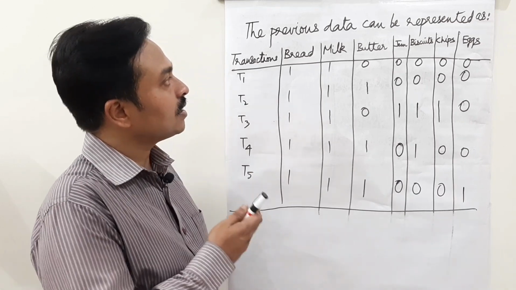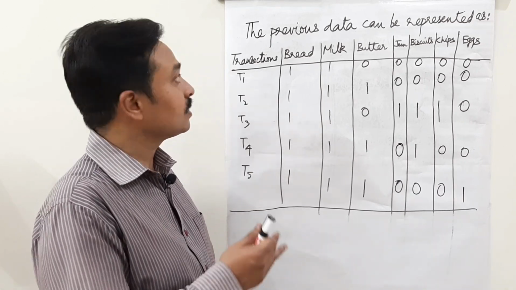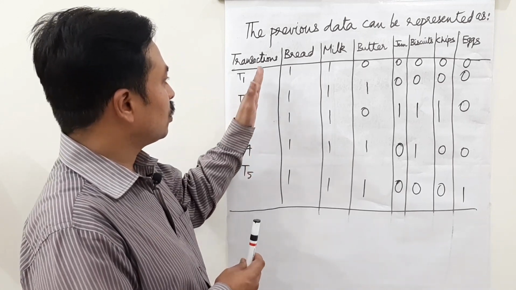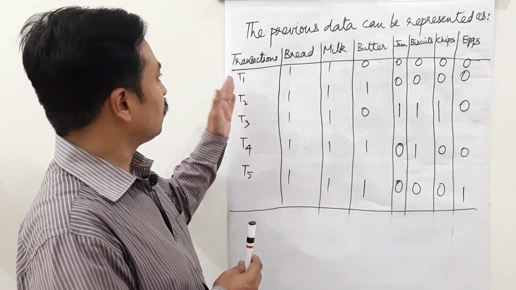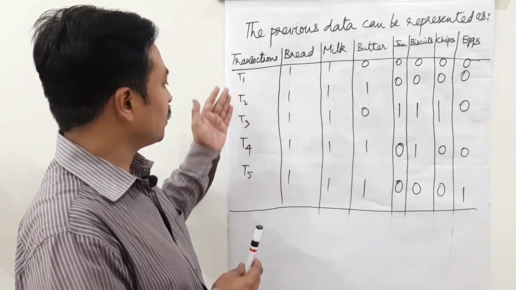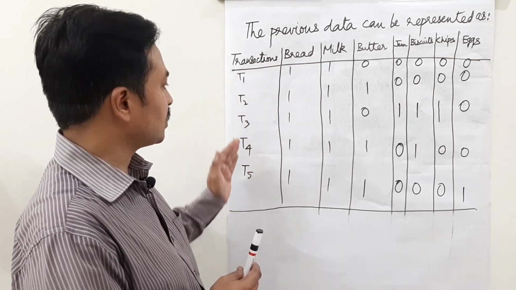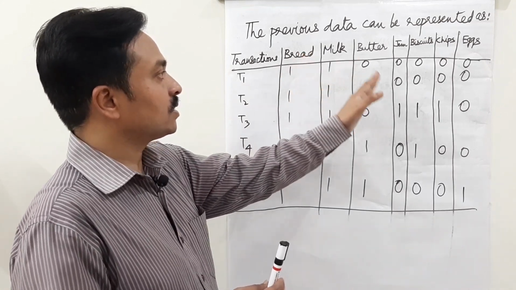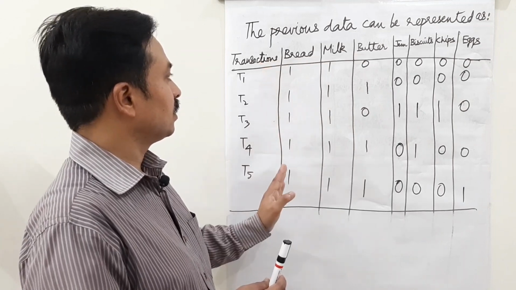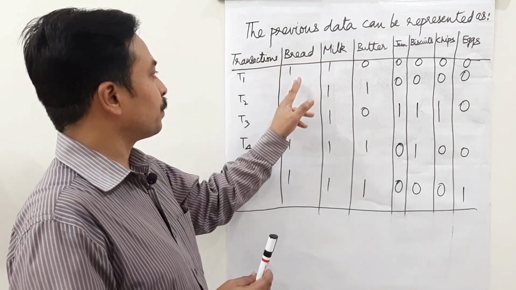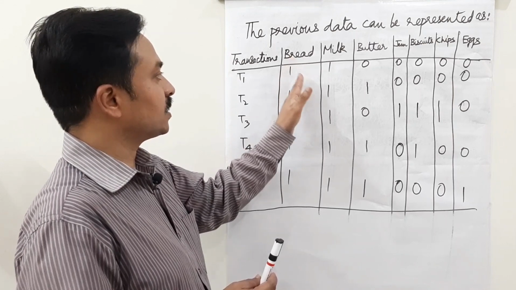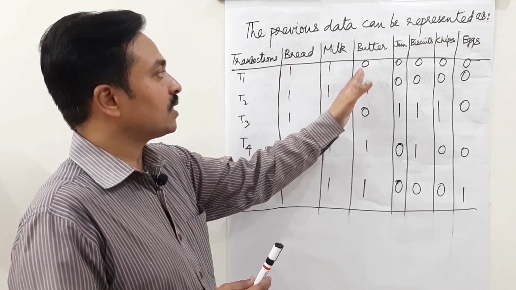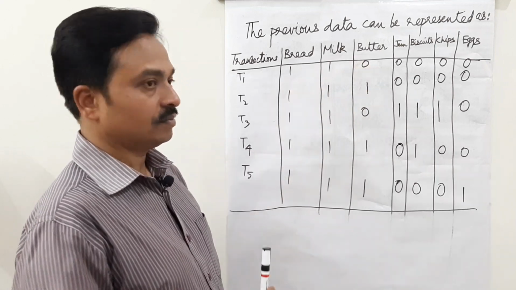The previous data in this example can be represented as a table. On this side of the table, we have written the transactions from T1 to T5. These are 5 transactions. And on this side, we have written the different items purchased per transaction. In this table, 1 represents the items purchased, while 0 represents items which were not purchased.